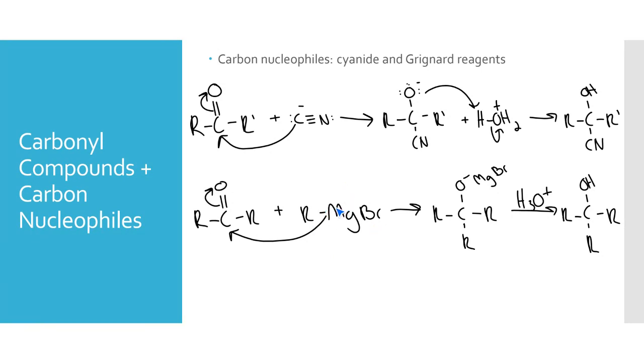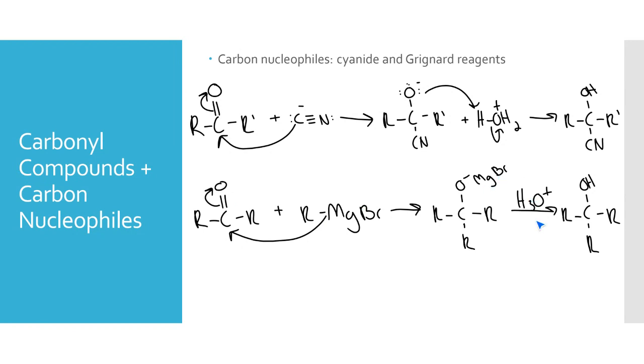Magnesium will be positively charged, which will make carbon negatively charged, which makes this a carbon nucleophile. The electrons come from the carbon-magnesium bond, go to the electrophilic carbon, and break the double bond again. Similarly to the aluminum, that whole thing will attach to the oxygen up here.